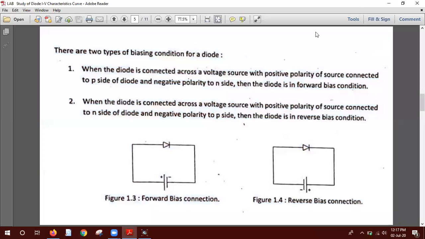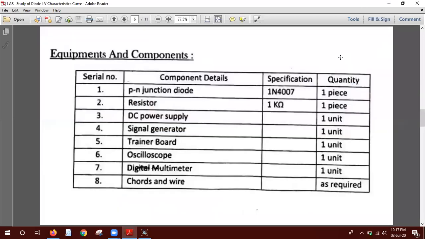My students, if I go to the next, these are the equipment required for conducting our experiment. You see the p-n junction diode we will use, the most popular silicon diode, 1N4007.